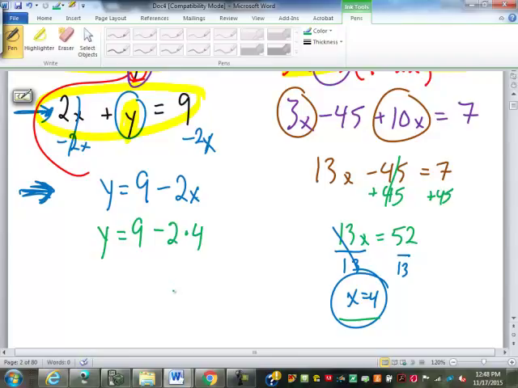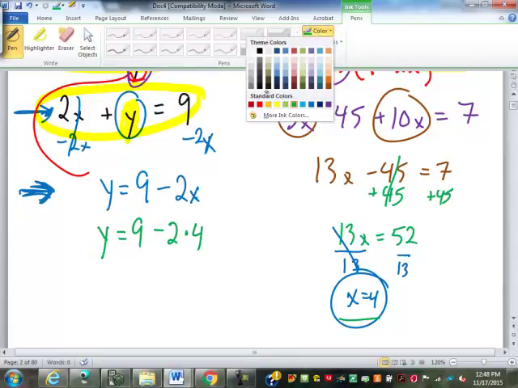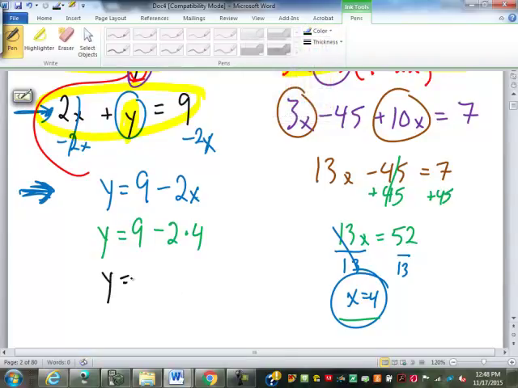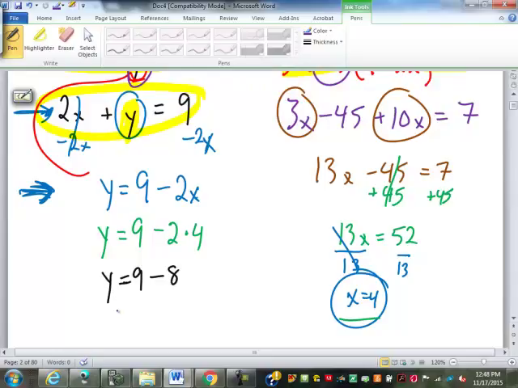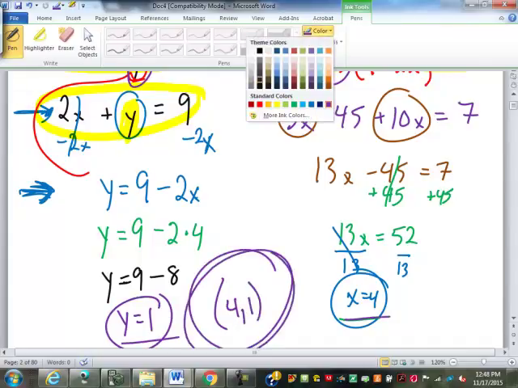So instead of 2x, it's now 2 times 4. So y equals 9 minus 8, since 2 times 4 is 8. 9 minus 8 is 1. So x equals 4 and y equals 1. So the solution is (4, 1). Any questions?